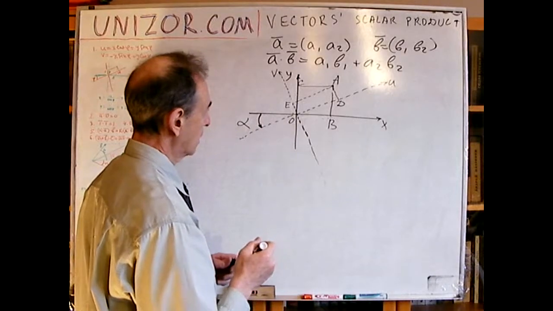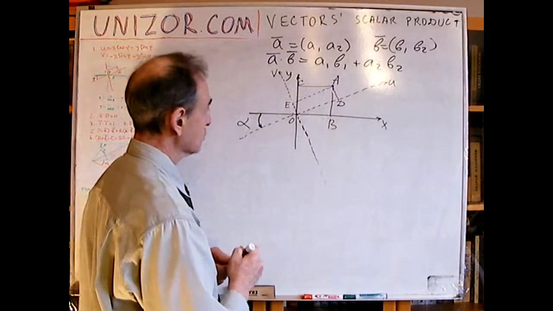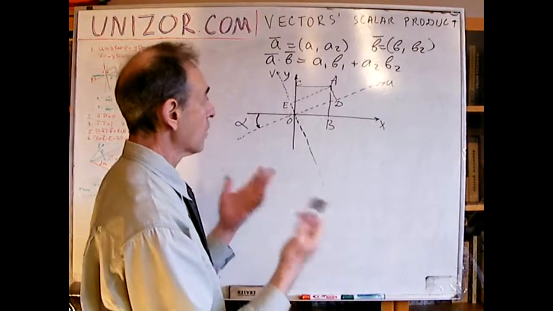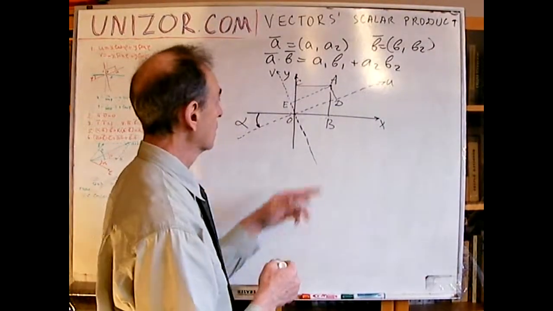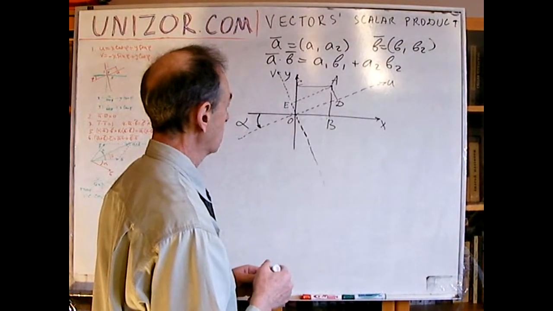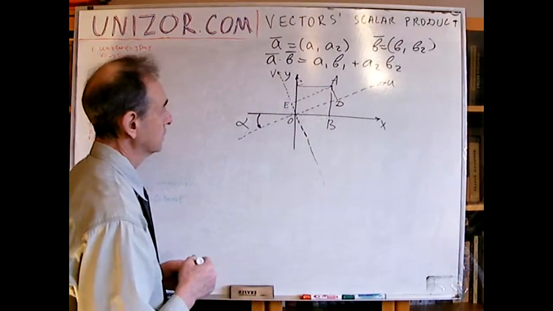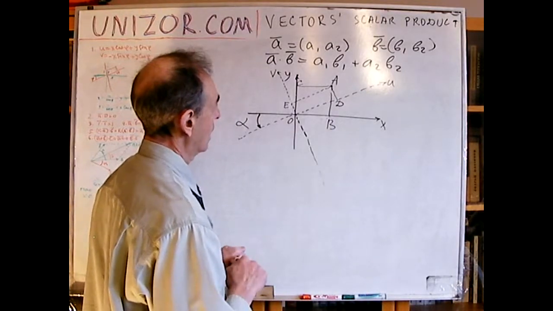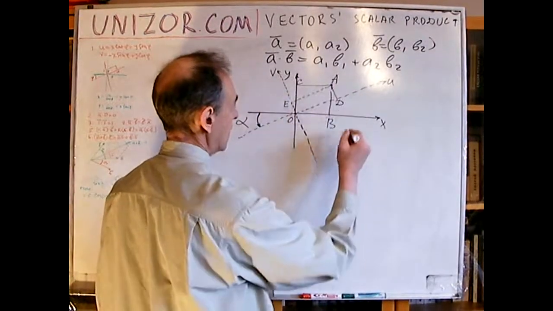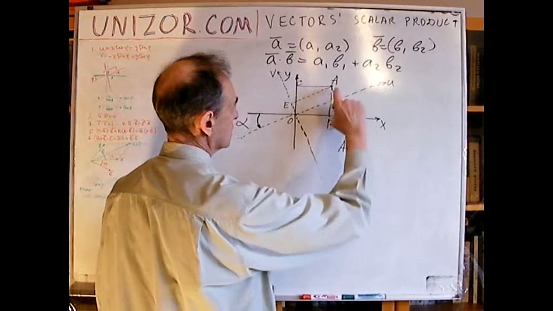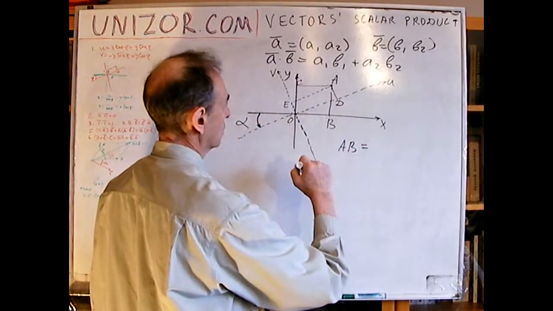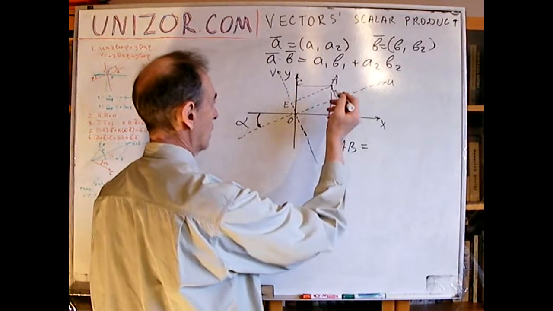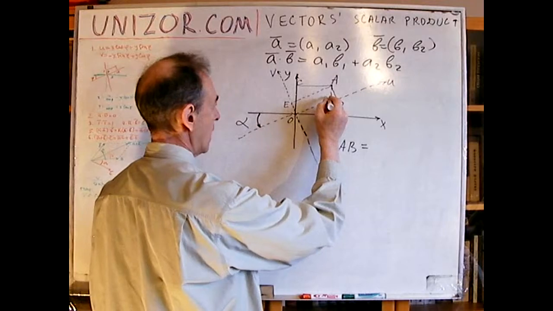So, let me do a couple of equations to derive the values of u and v in terms of x and y and angle alpha. All right, so let's think about it. I think I can say that AB, this piece, is equal to, okay, we need a letter, let's say, M here.